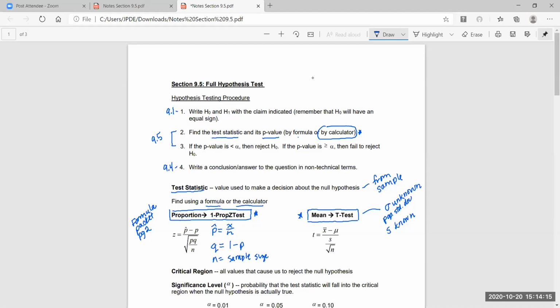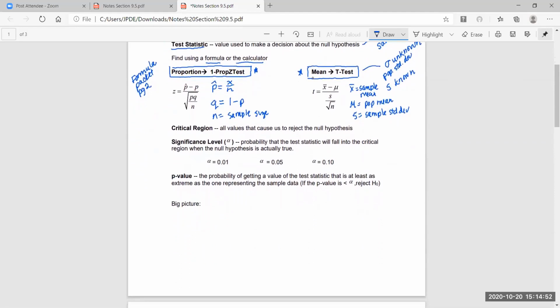For this one, we have X bar, your sample mean. Mu is your population mean. S is your sample standard deviation. And then N, as I said, is your sample size. Again, we're going to use the calculator. So I will show you one example with the formulas, but for the most part, the calculator is the way to go.